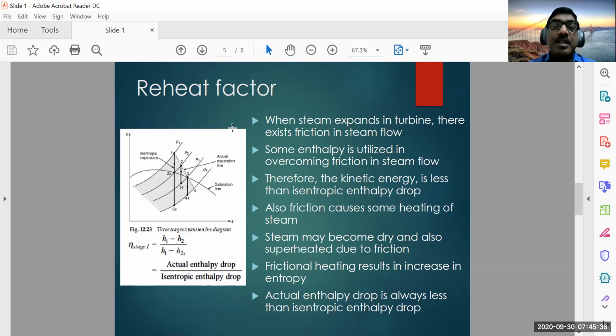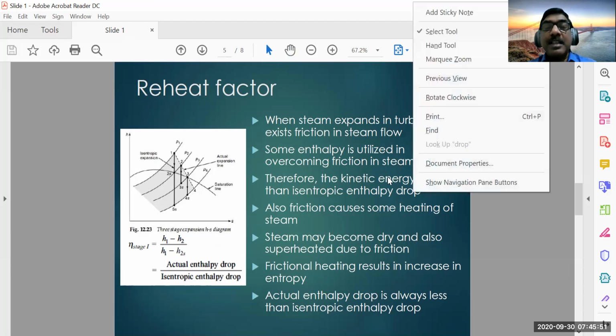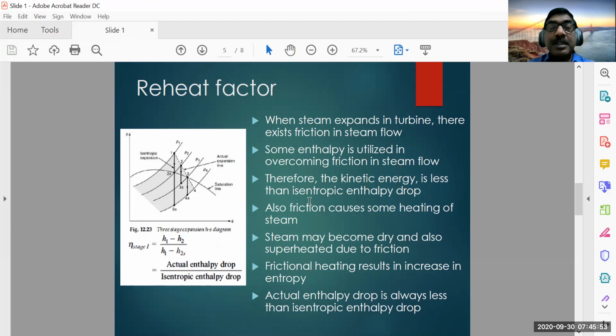So when the steam is expanded in the turbine, there exists some friction in the steam flow and some enthalpy is getting utilized to overcome the friction of the steam flow. Therefore, the kinetic energy is less than the isentropic enthalpy drop. What is this statement? See, kinetic energy is less than the isentropic enthalpy drop.